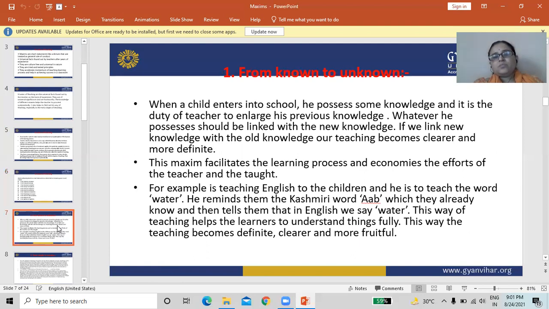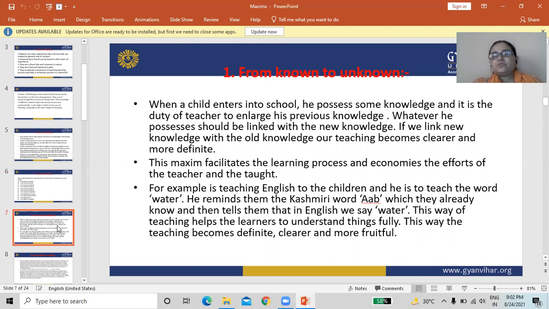From known to unknown. When a child enters into school, he possesses some knowledge and it is the duty of the teacher to enlarge his previous knowledge. Whatever he possesses should be linked with the new knowledge.